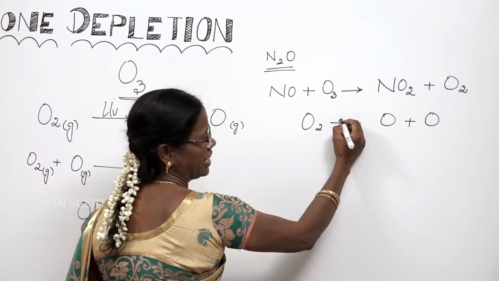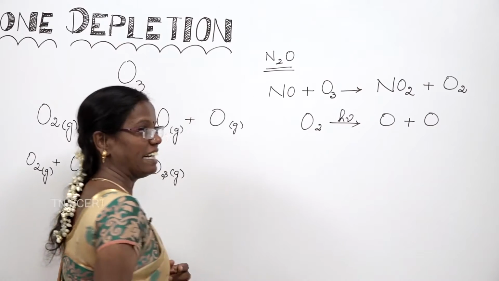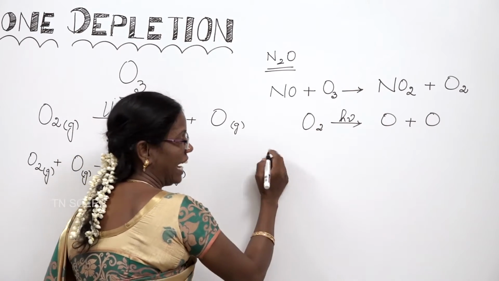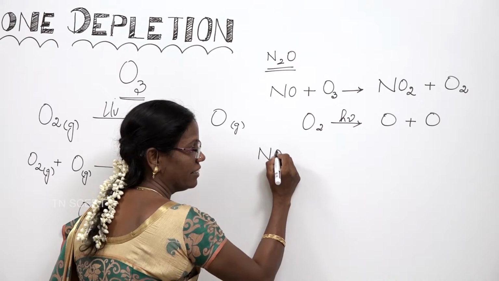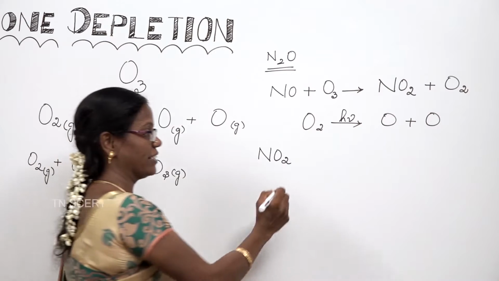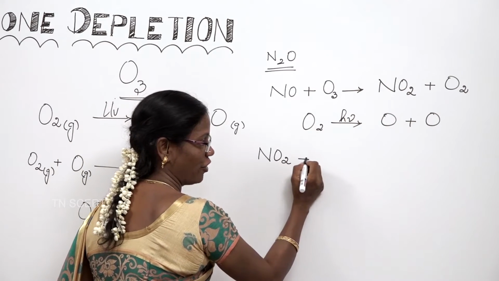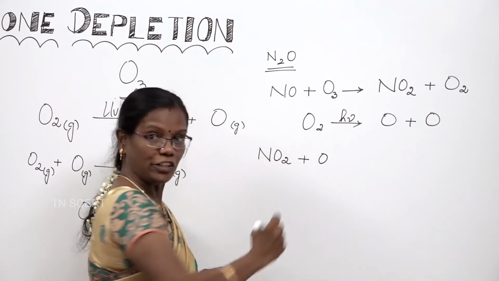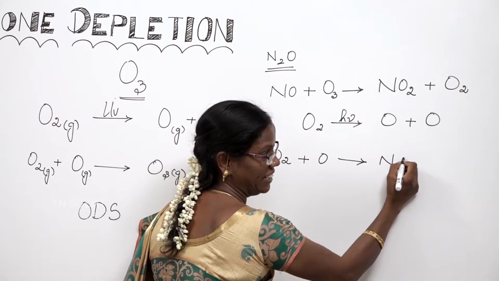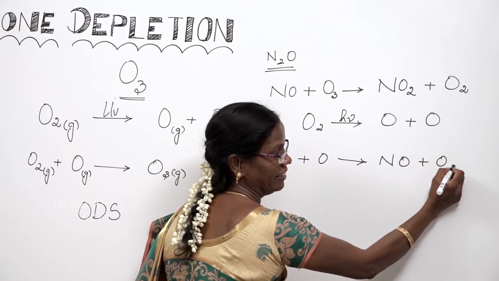All these reactions take place in the presence of sunlight. Then this atomic oxygen again reacts with the nitrogen dioxide formed in the atmosphere. See, this nitrogen dioxide reacts with atomic oxygen, forming nitric oxide and oxygen.